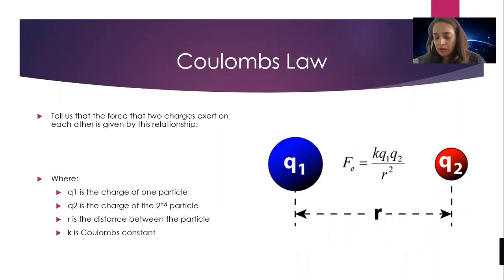Just know that there are constants in nature that just exist, and this value K is one of them. It's a number that exists in nature that helps us understand more fundamentally the relationship between charges and the force between them. Okay, press pause if you need to finish writing this into your notes.